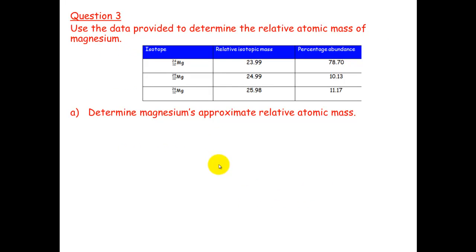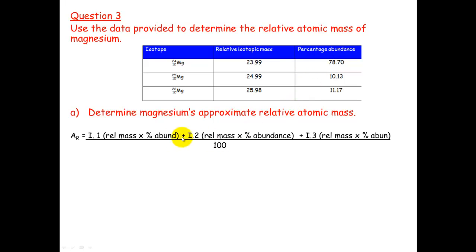Question 3. Use this data to determine magnesium's approximate relative atomic mass. All the information's here. This is isotope 1 with its relative isotopic mass and percentage abundance. So we pop all of this into the equation.